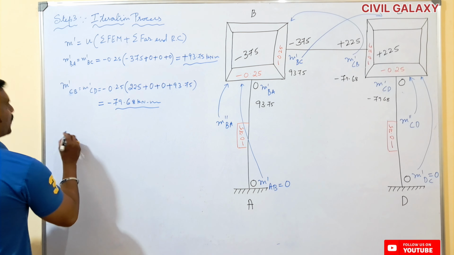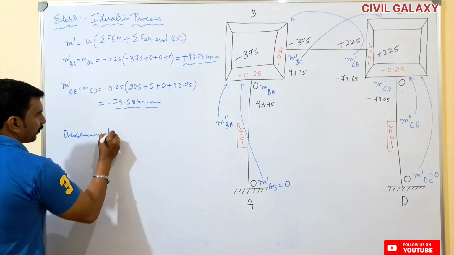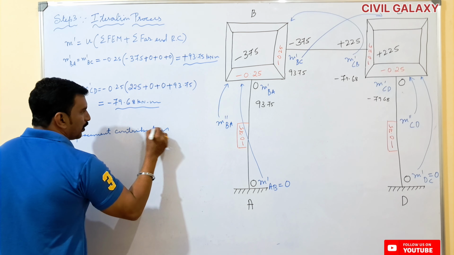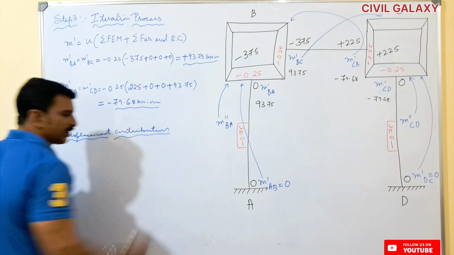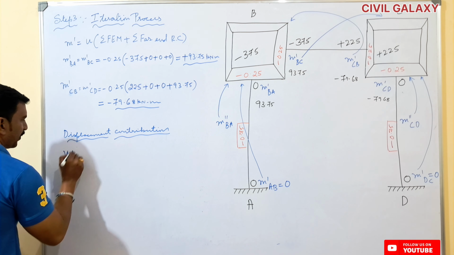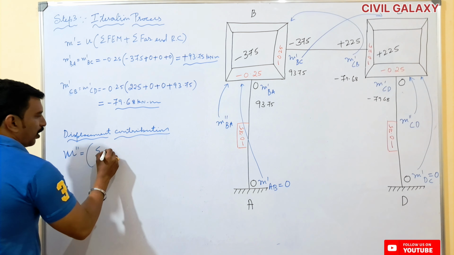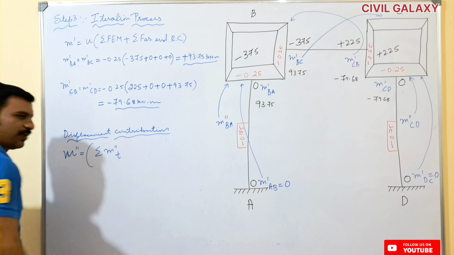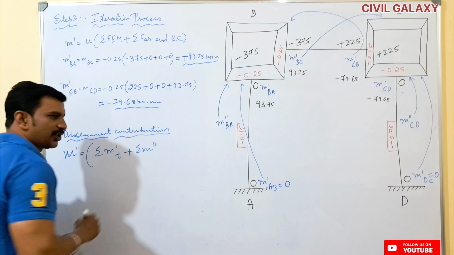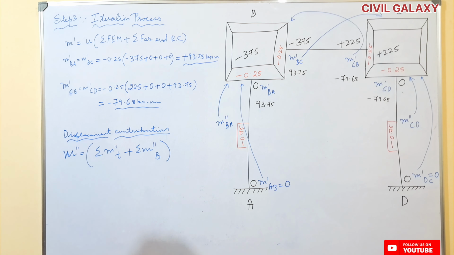So to calculate the displacement contributions, we know it is given by M double dash is equal to summation of M double dash at the top, plus summation of displacement contributions about the bottom. So this is the formula.